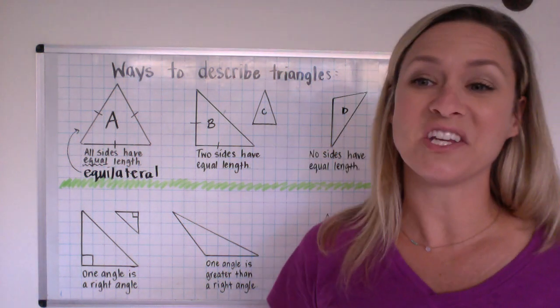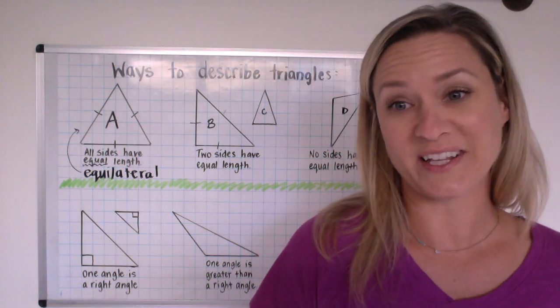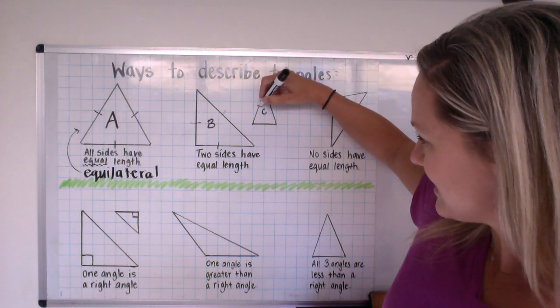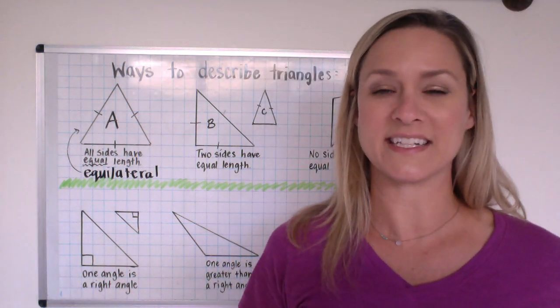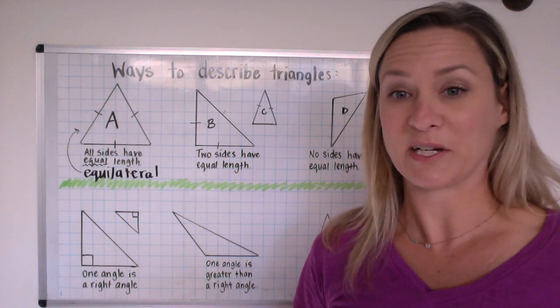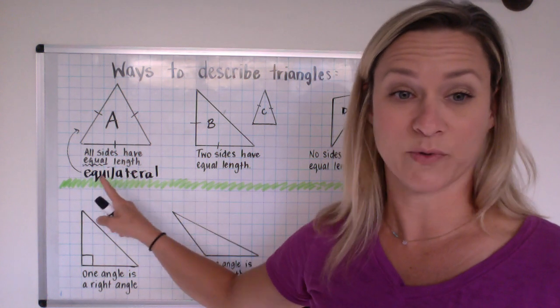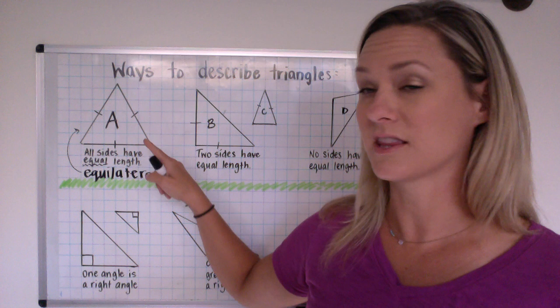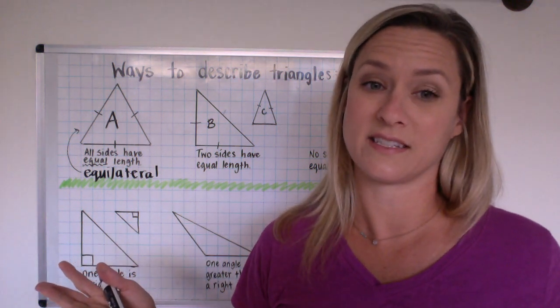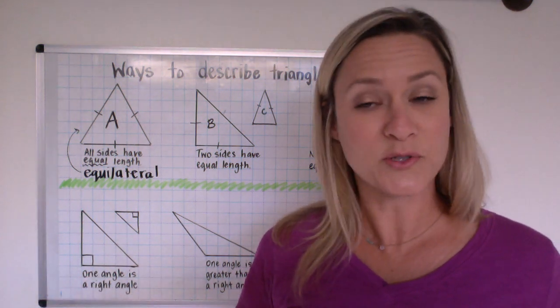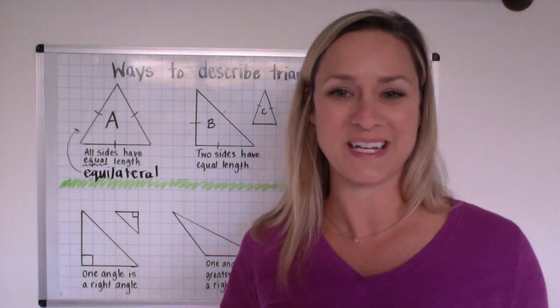And then with C, you can probably just look at it and tell that these 2 sides have equal lengths. Now, there's also a special name for this. It's not an equilateral triangle because only 2 sides have an equal measurement.